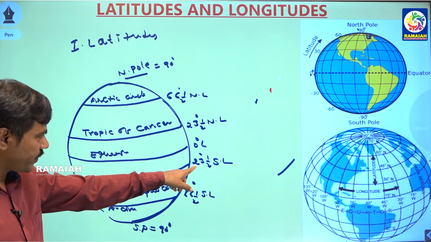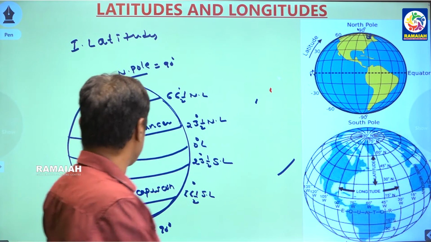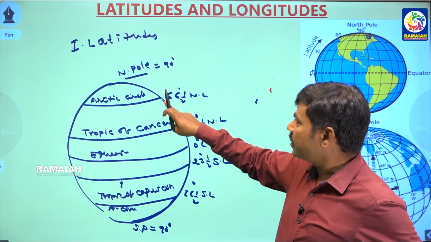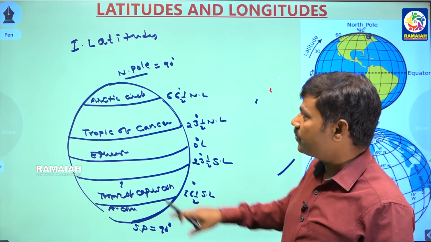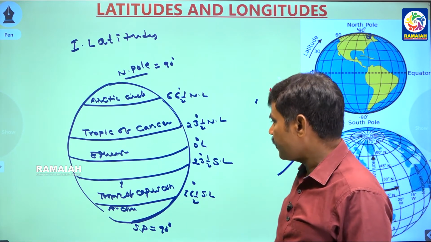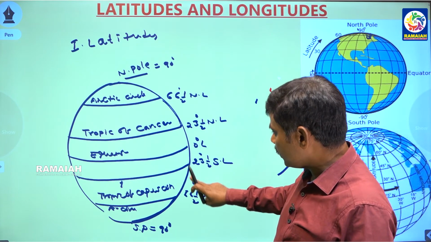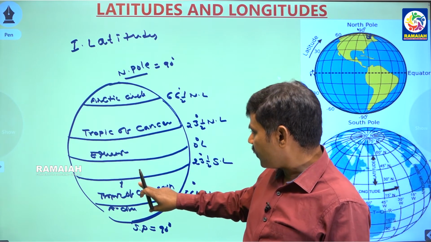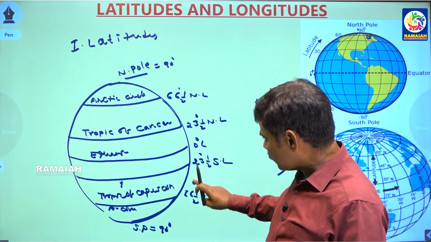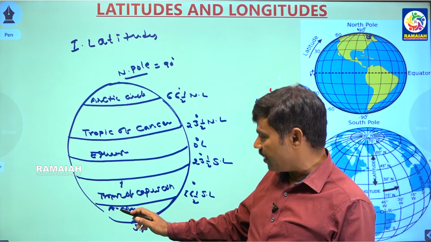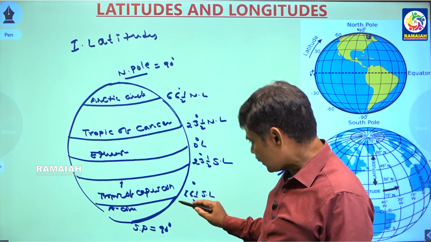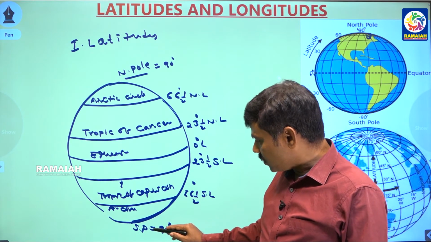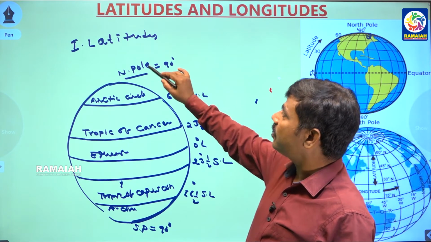In the Southern Hemisphere, the 23½ degree south latitude is called the Tropic of Capricorn. The 66½ degree north latitude is called the Arctic Circle, and the 66½ degree south latitude is called the Antarctic Circle. Then the 90 degree latitudes are the South Pole and the North Pole.